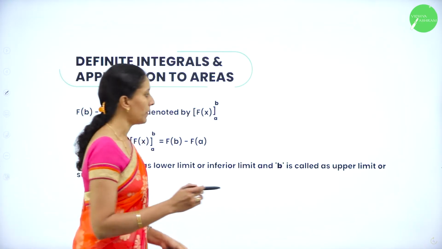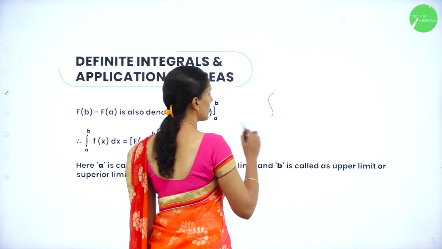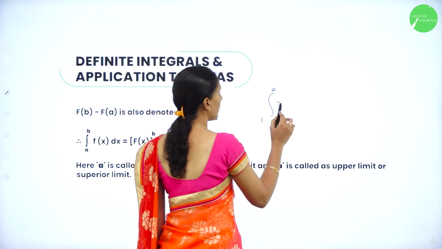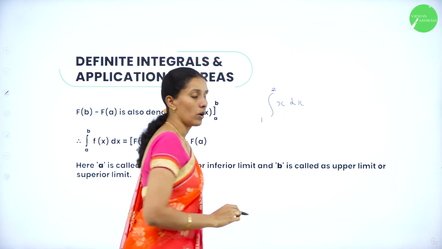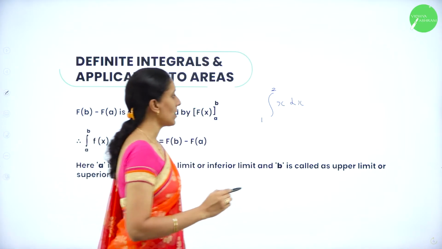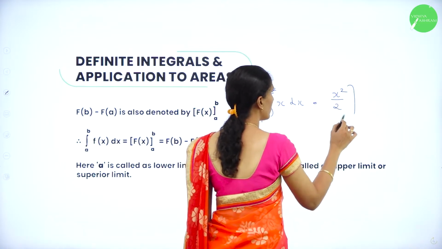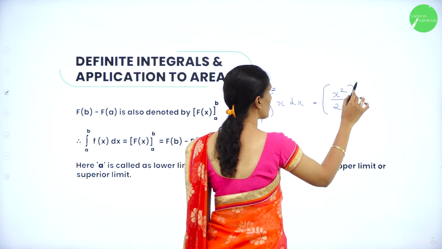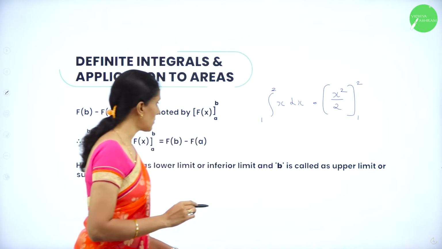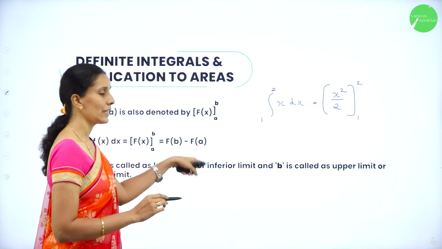For example, whenever the integration from 1 to 2 of x dx is given, what is the integral value of x? It is x square by 2 with respect to the two limits 1 and 2. First we substitute the value of b, then a.